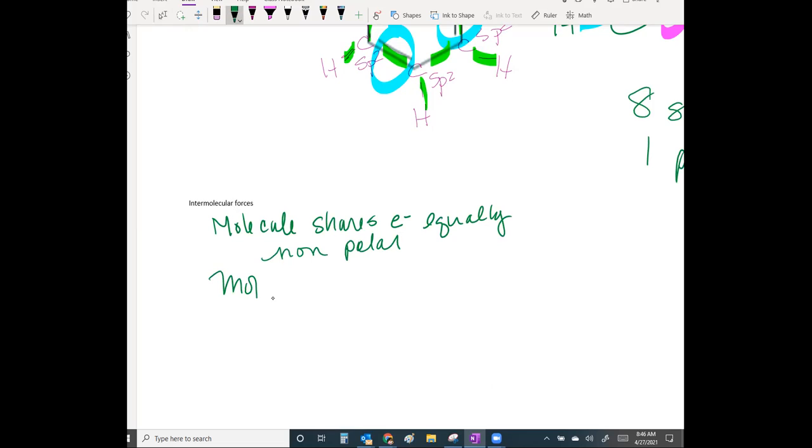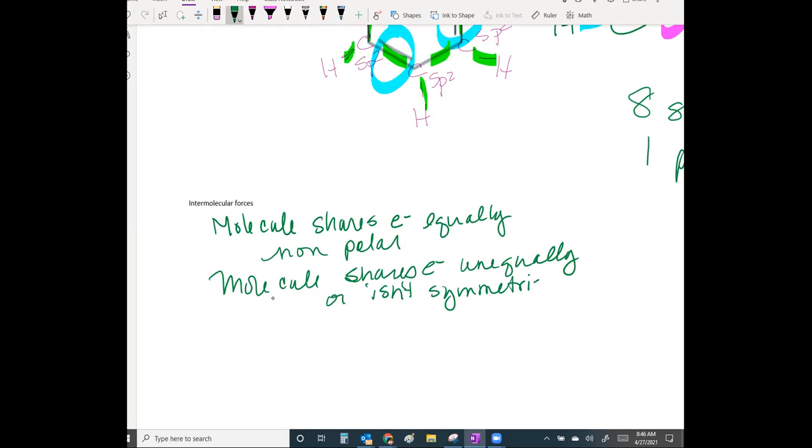If a molecule shares electrons unequally or isn't symmetrical, meaning it doesn't pull evenly in all directions, it's what we call polar.